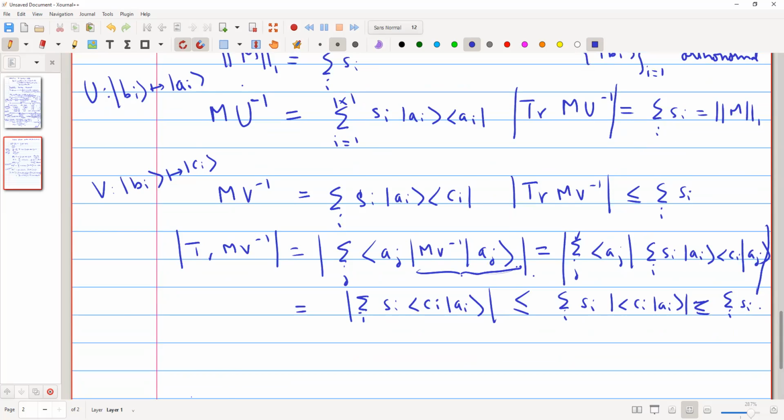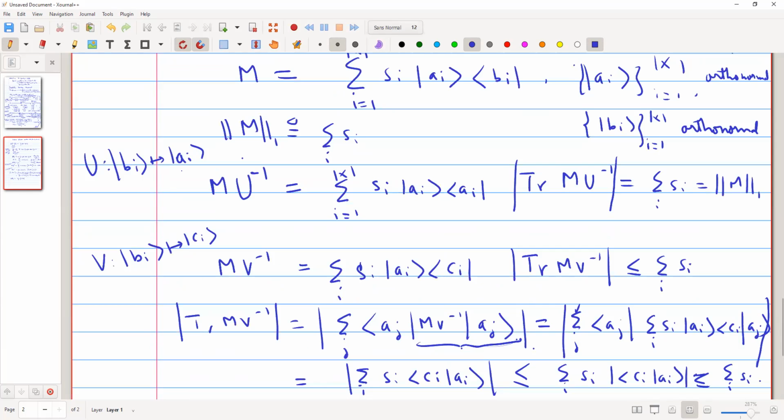I have proved that the one norm of any matrix M is the maximum over unit trace V of trace of MV. I don't need the inverse. Is this clear? If I put an arbitrary V here, it is less than or equal to the one norm, and there is a certain V defined in this fashion, in which case it is equal.